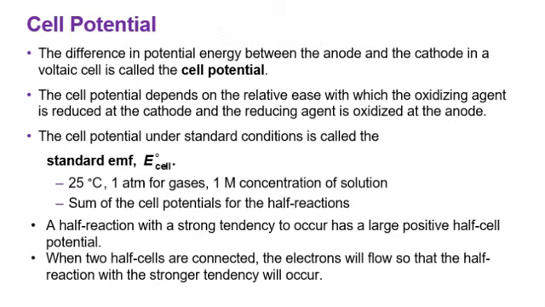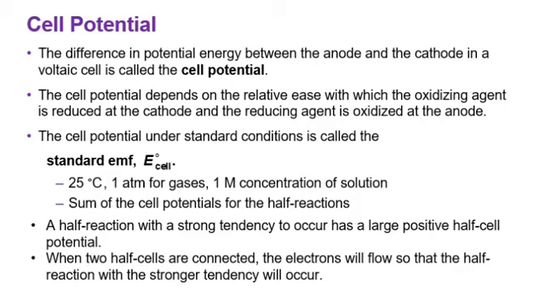Cell potential is the total voltage produced by a redox reaction when it occurs in an electrochemical cell. It's also referred to as E0 cell because it's typically under standard conditions. This potential is the difference in electrical potential between two electrodes. And later on you'll see me show you the math where the difference between the cathode and the anode is that cell potential.